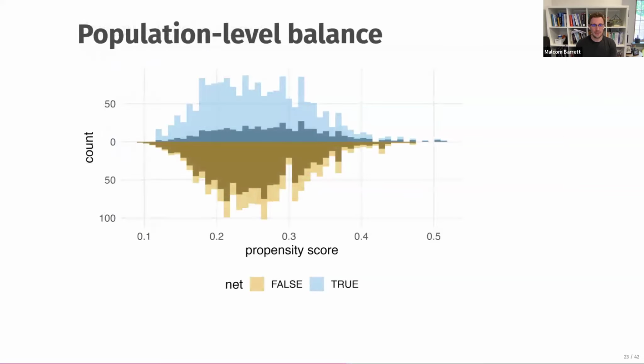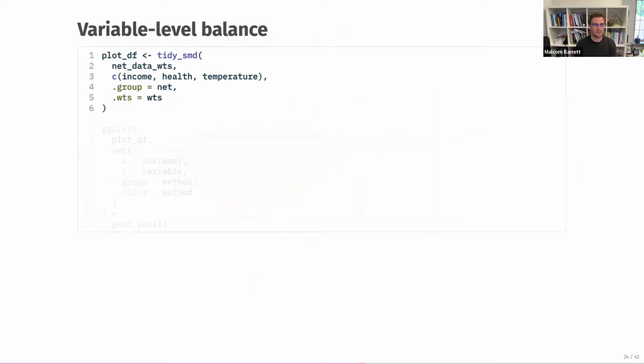So that's the population level balance. We might also wonder about the variable level balance. And so one thing that we can do is look at the standardized mean difference between the variables that we included in our model. I'm thinking about this because I was reading something about this today.